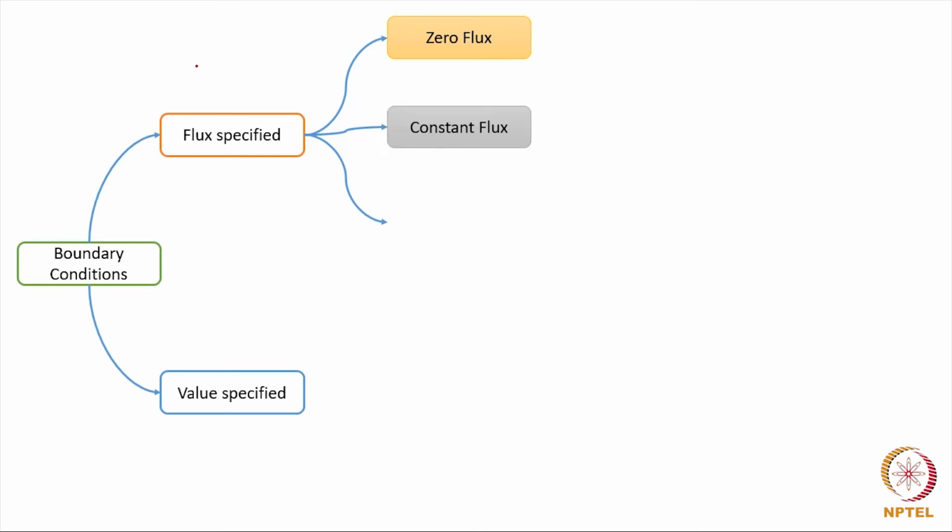Sometimes the flux is also specified to be a constant value, and this is a scenario where you have deposition from a vapor to form a particular layer of a compound. There the flux is available because the rate at which you are sending the particular species is known, and you can use that for the constant flux.